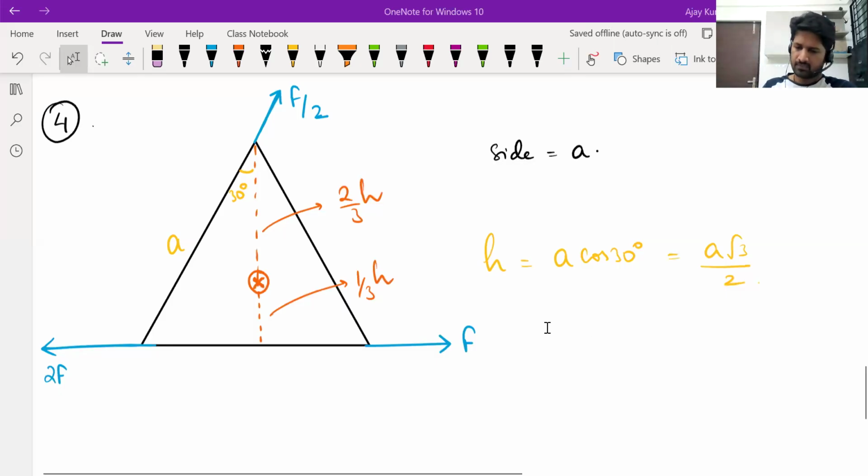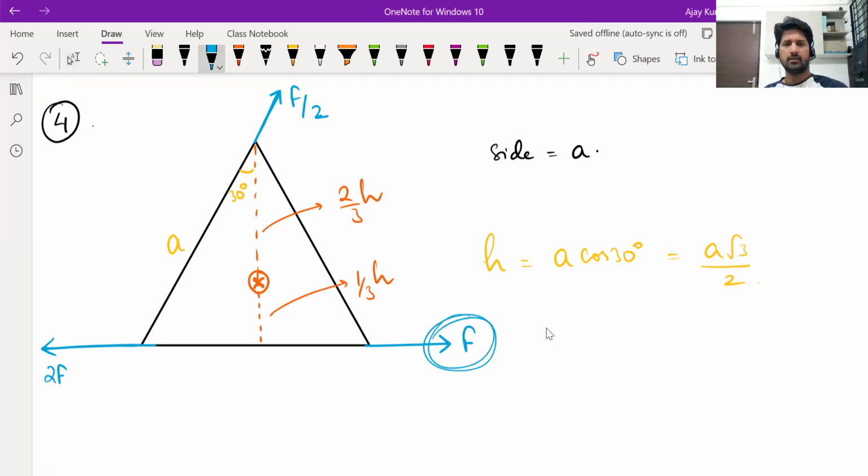Aishwarya, can you tell me how much torque this force F produces about the centroid and in which sense? So root 3 aF by 6 k cap. Okay, fine. So you are saying anti-clockwise.